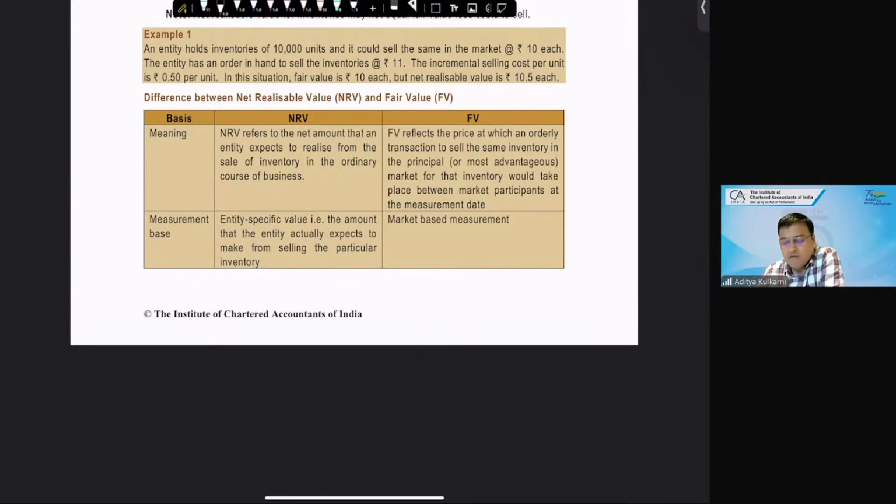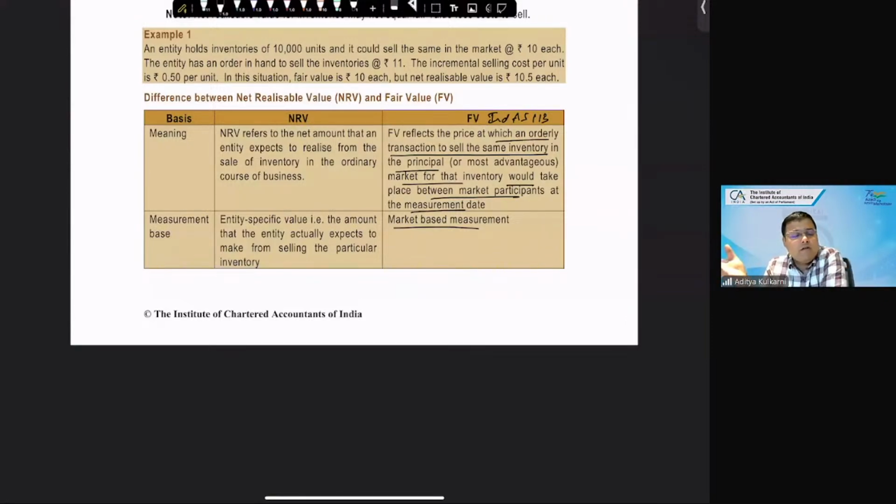When I talk about fair value, this is Ind AS 113. What fair value tells: it reflects the price at which an orderly transaction to sell the same inventory in the principal or most advantageous market between market participants at the measurement date. So that means my fair value is a market-based measurement. It talks about the value of your product or inventory or asset or bond or whatever it is that you are having, because we have a standard regime that has a lot of references to fair value.